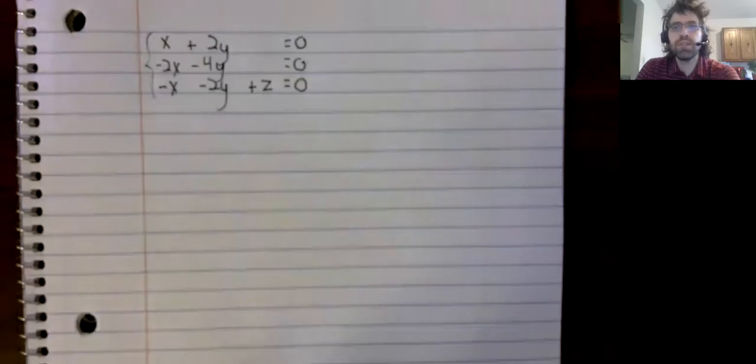Suppose we have a homogeneous system and we want to solve it. Let's investigate this through a specific example. This will turn out to have infinitely many solutions.